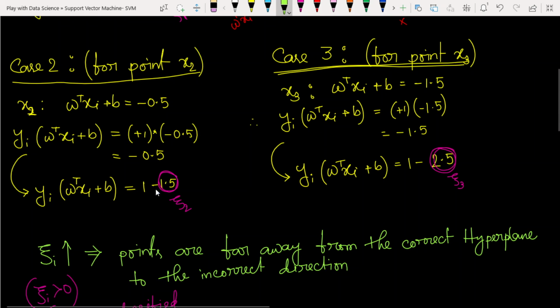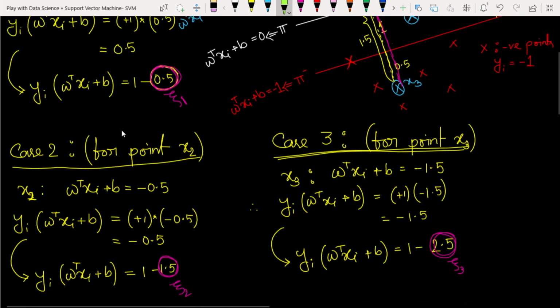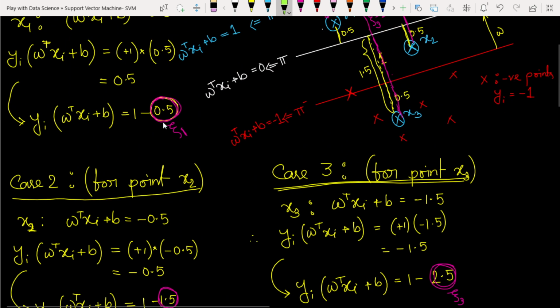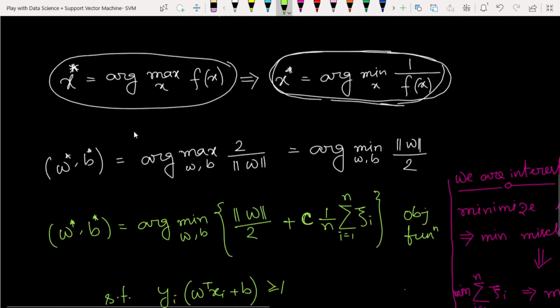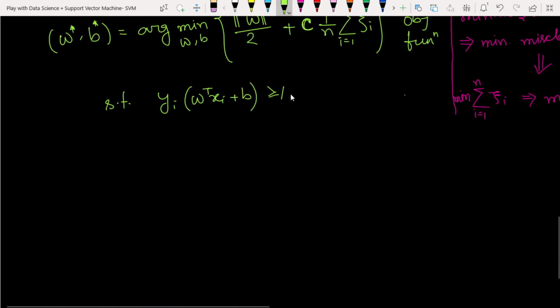For all the equations for misclassified points, we include the zetas. So here I have included the minus zeta i for all i. So this will be our n constraints.